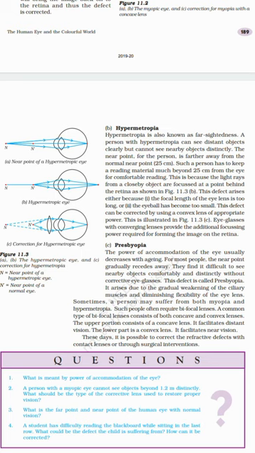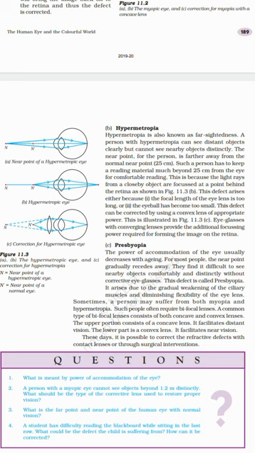How can we correct this? Using a bifocal lens with appropriate power. Now, what is a bifocal lens? Bifocal lenses consist of both concave and convex lens. The upper portion consists of a concave lens and the lower portion consists of a convex lens. In myopia we use a concave lens, in hypermetropia we use a convex lens.